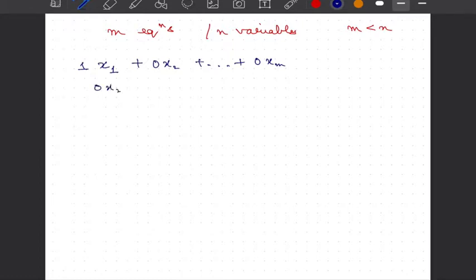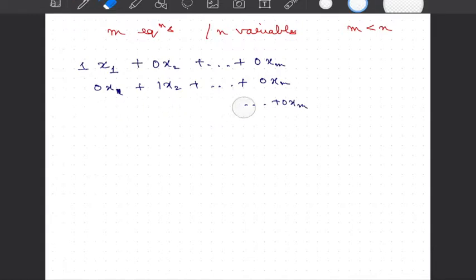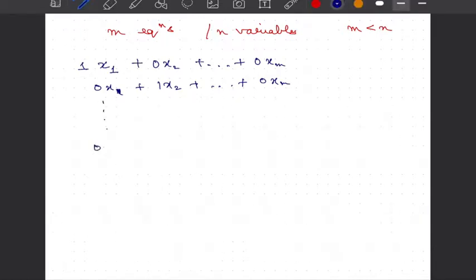Second should be 0x1 plus 1x2 plus up to 0xm. Third should be 0x1, 0x2, 1x3, and so on up to 0xm. So I can generalize these equations as 0x1, and so on, where only the mth term has coefficient 1 and everything else is equal to 0.